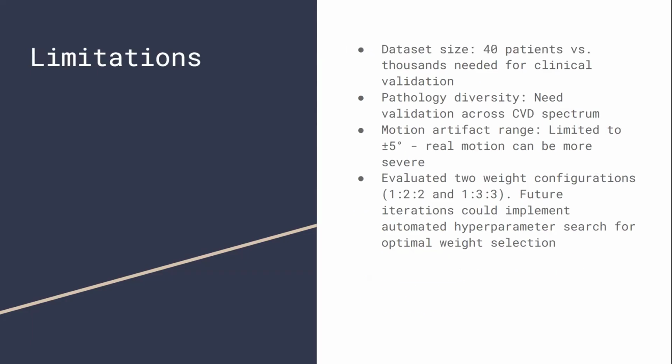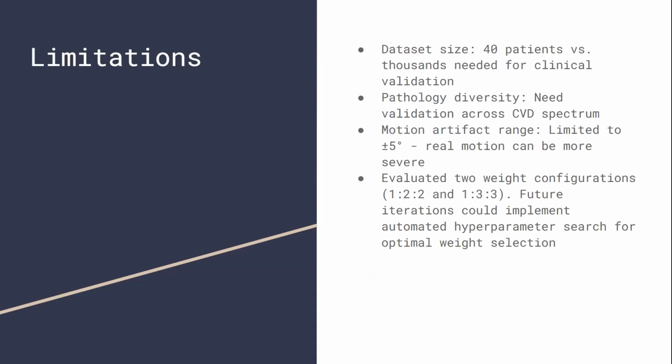Here are some limitations. First, the dataset size is pretty low. We only have 40 patients versus thousands needed for clinical validation. Also, I forgot to ask about the pathology diversity, but I assume it's not that diverse, so we need validation across the cardiovascular disease spectrum.